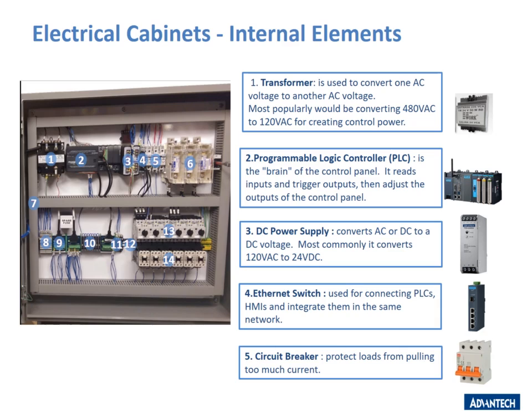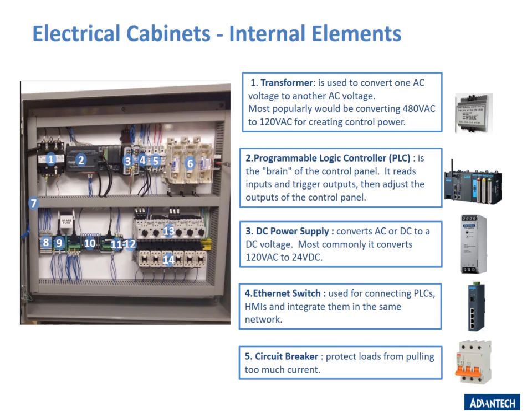2. Programmable Logic Controller (PLC) is the brain of the control panel. It reads inputs and triggers outputs, then adjusts the outputs of the control panel. 3. DC power supply converts AC or DC to a DC voltage. Most commonly converts 120 volts AC to 24 volts DC. 4.